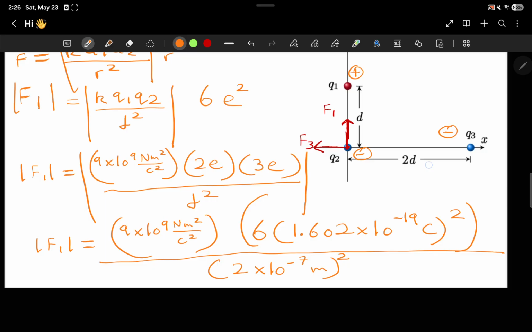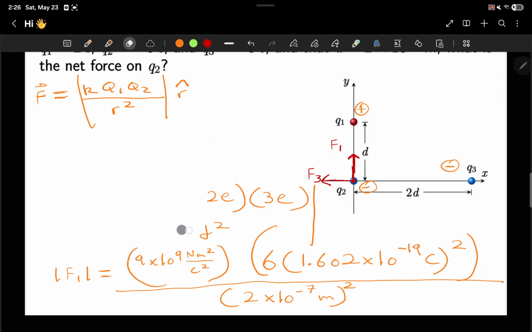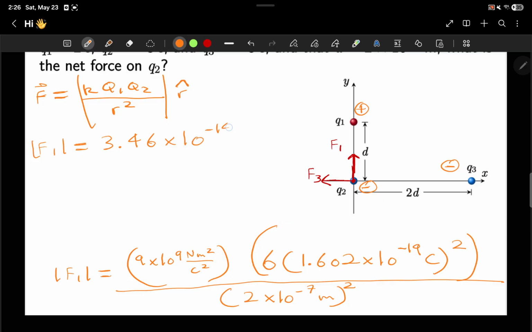And the answer I get for the magnitude of the force from charge 1 onto charge 2 is 3.46 times 10 to the power negative 14.